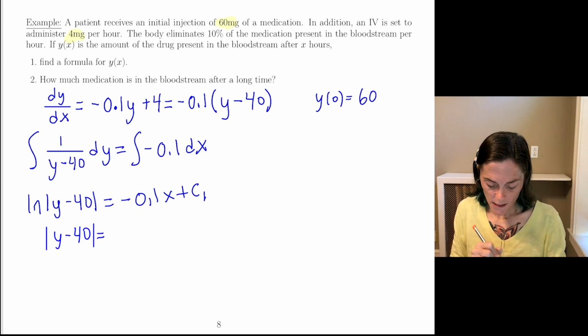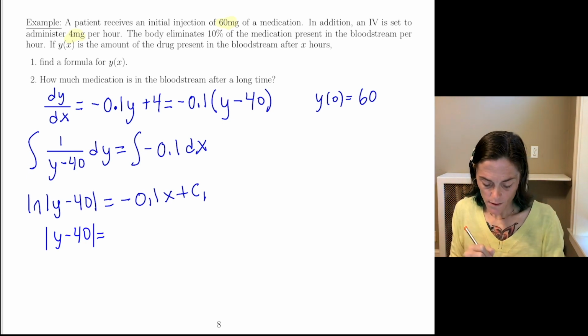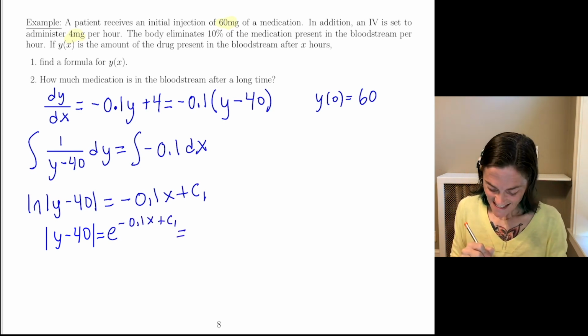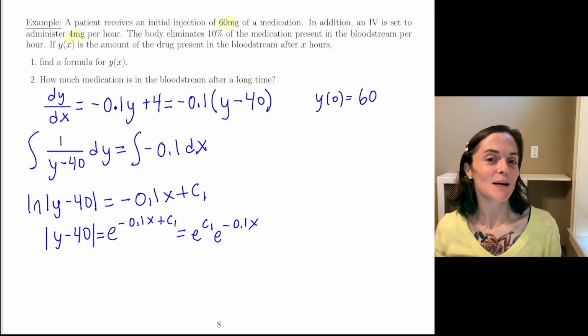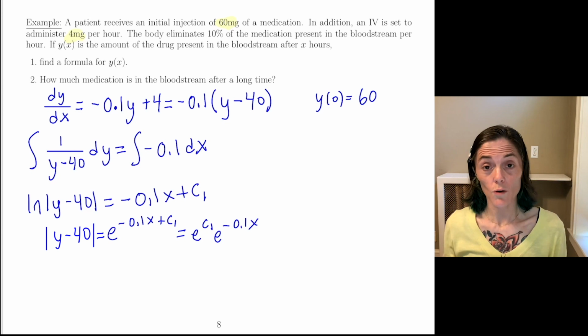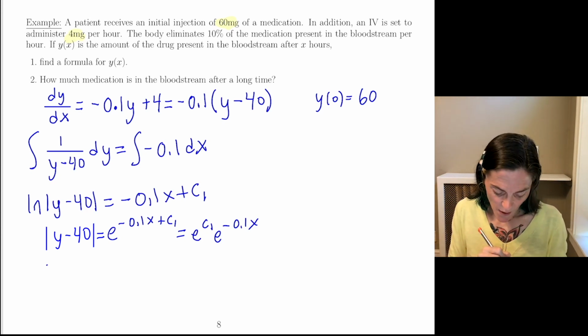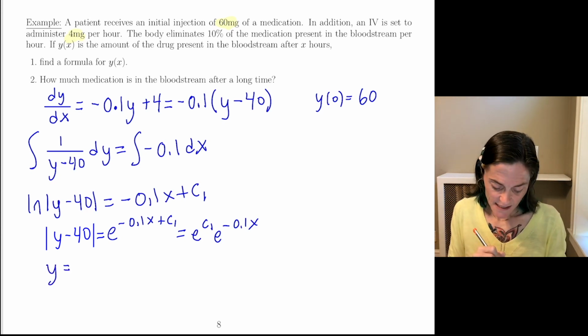So we have y minus 40 equals e to the minus 0.1x plus c1. This is e to the c1, e to the minus 0.1x. And very similar to when we solved the differential equation for exponential growth and decay, we will get y is a constant, e to the minus 0.1x plus 40.